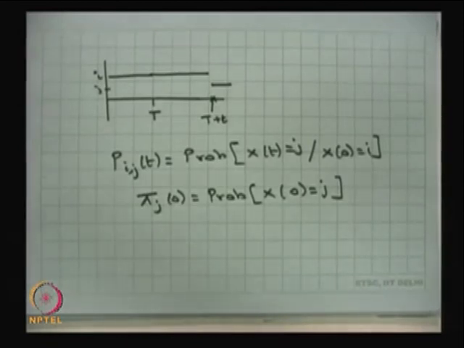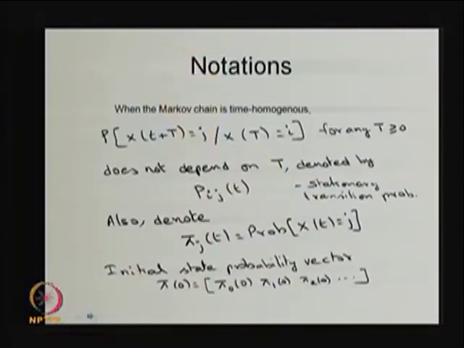With these entities you are framing the vector, that is pi naught. So, in this we are giving 3 notations. One is the transition probability Pij of t, which is a conditional probability. The other one is the unconditional probability, pi j of t, and the initial state probability vector pi naught.